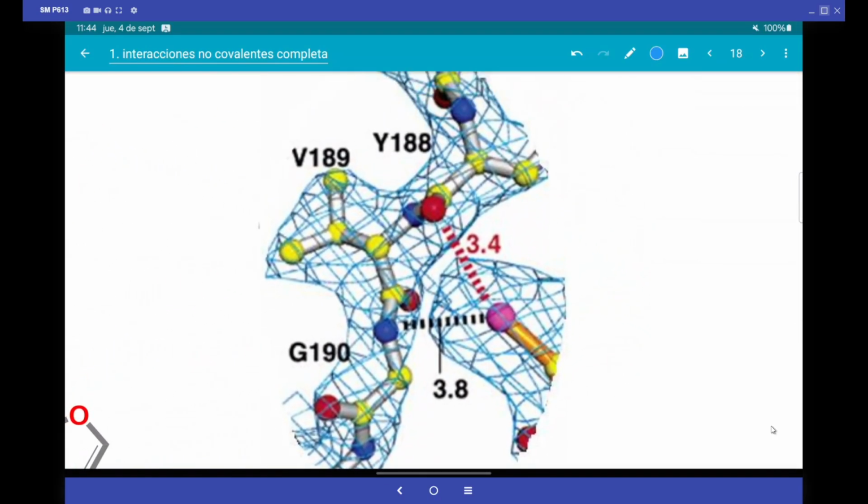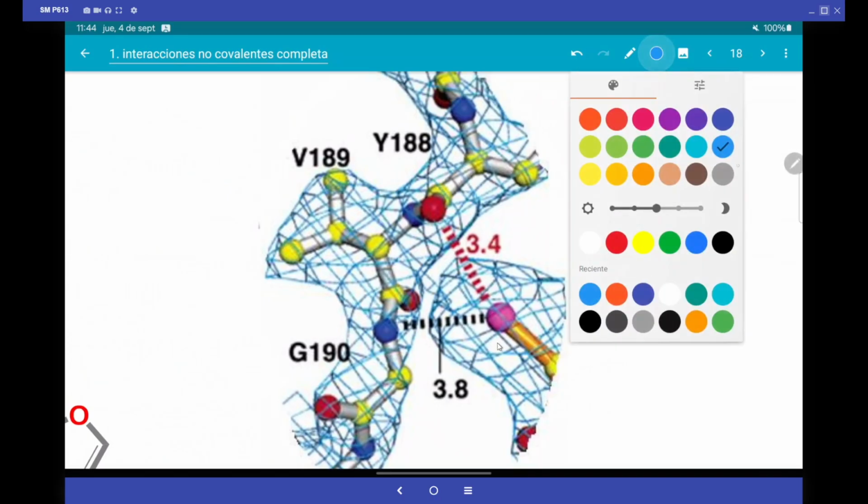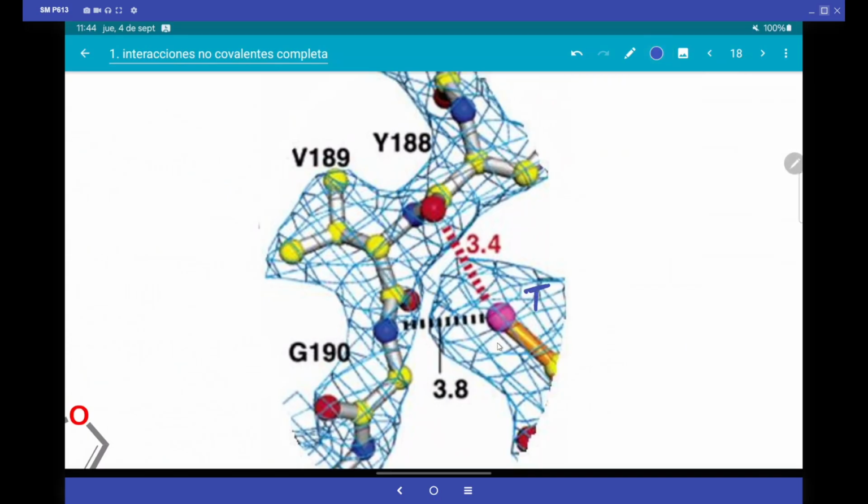Here is the halogen, the iodine, at 3.44 angstrom, interacting with a backbone carbonyl.